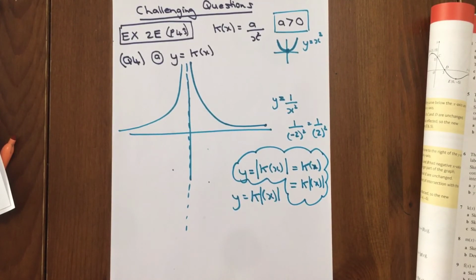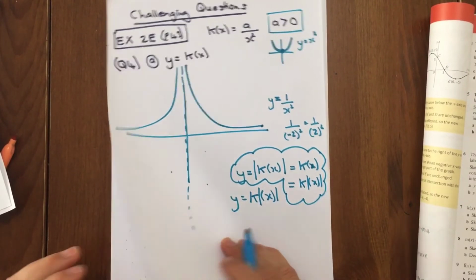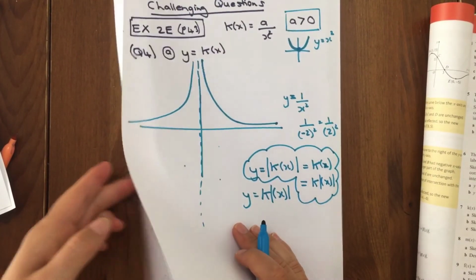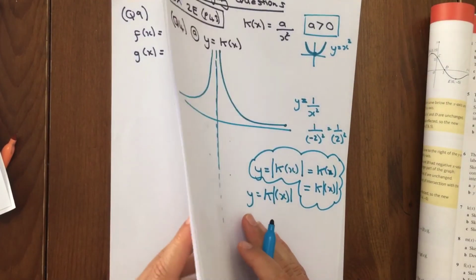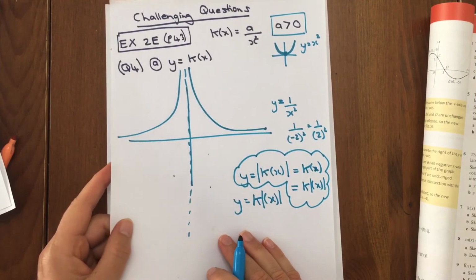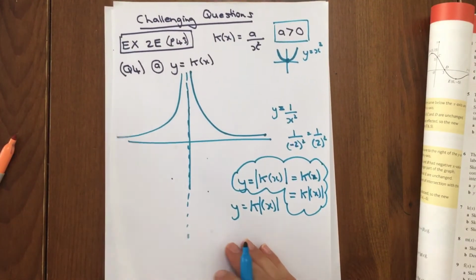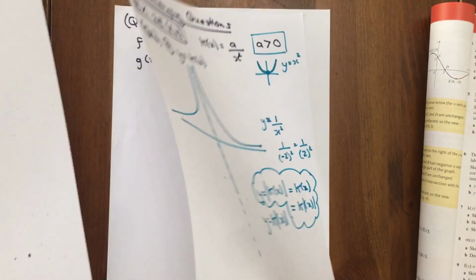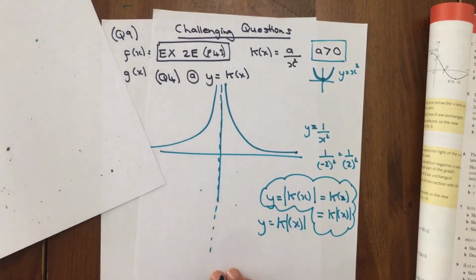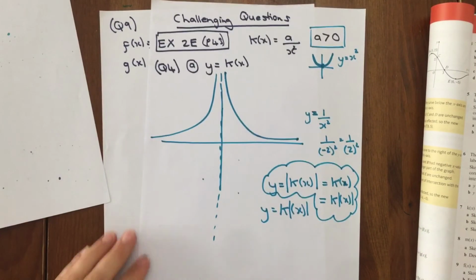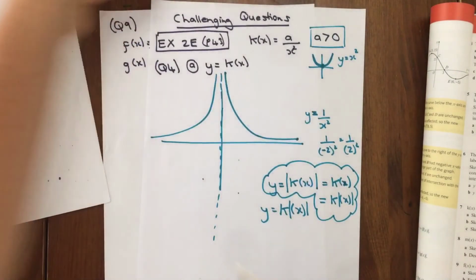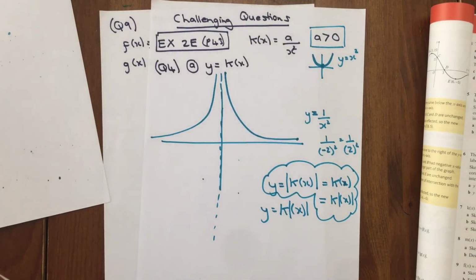Now it goes on to asking, what would you do if a was negative? Okay, well, let's think about that. If a was negative, what would my graph look like?